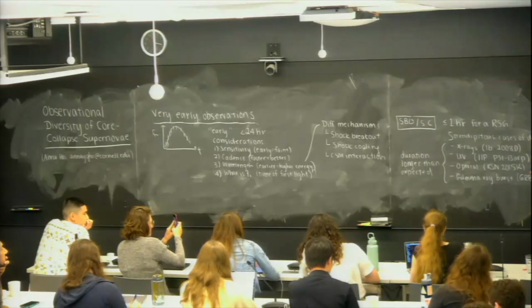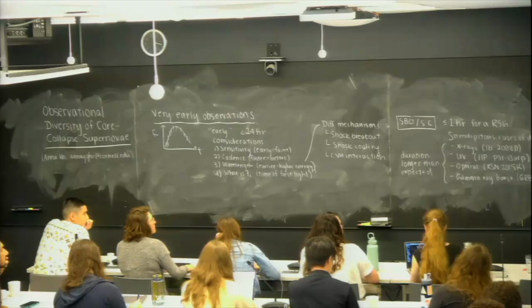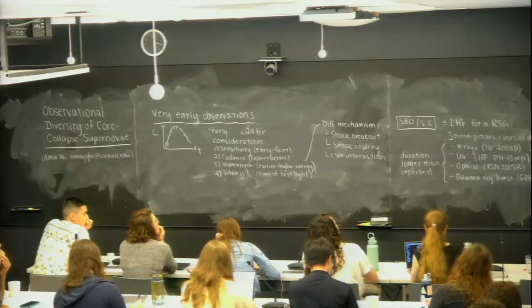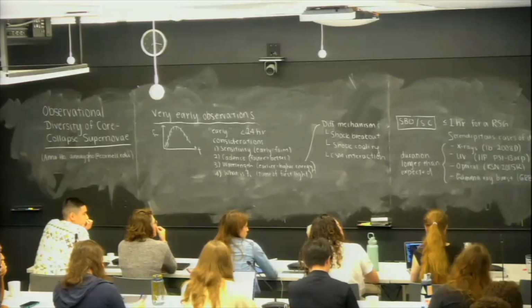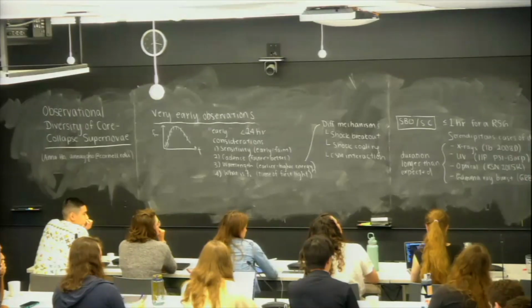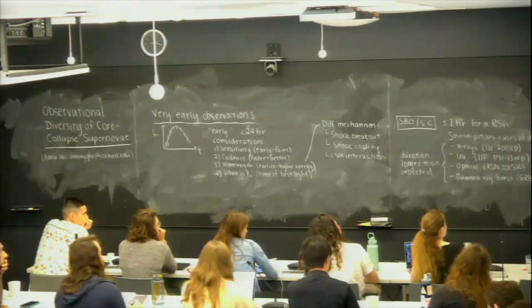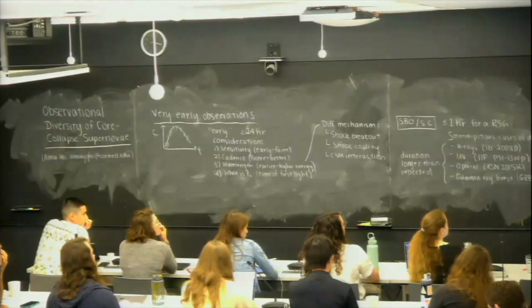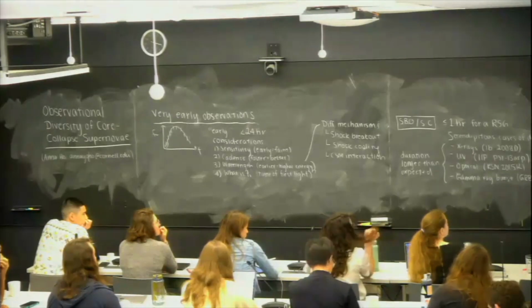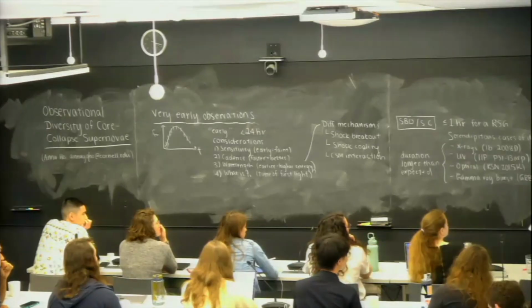And what happens if you try to model this shock breakout, which is itself a very challenging thing to do, you infer radii for the progenitor that are larger than what you would have expected. So, gamma ray bursts, these are supposed to be from fully stripped carbon oxygen stars, but you infer a radius that's 2 orders of magnitude larger than what you would think such a progenitor would have had. And that's a puzzle.